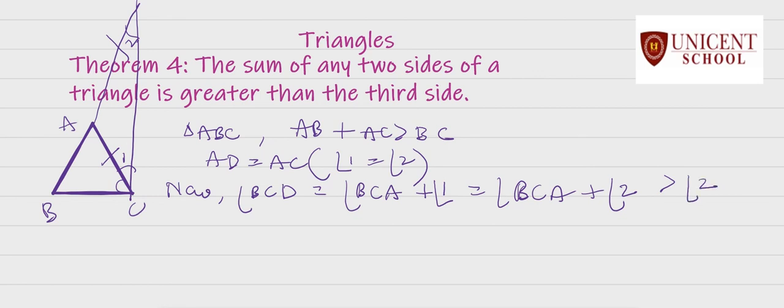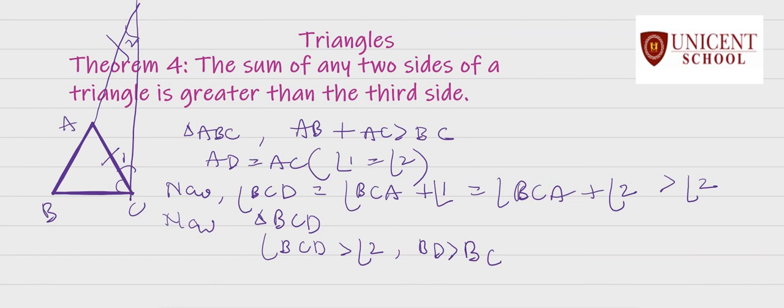According to the statement, we are approaching the needed proof. Similarly, now in triangle BCD, since the side opposite to the larger angle is longer, angle BCD is greater than angle 2. That means BD is greater than BC.